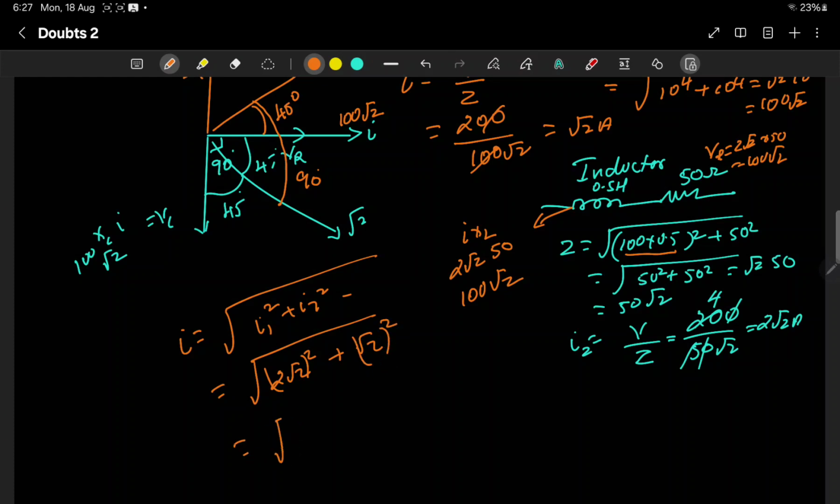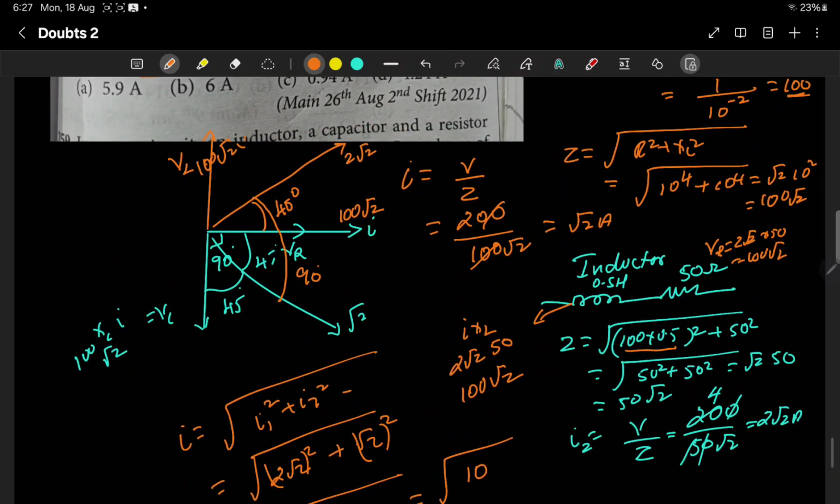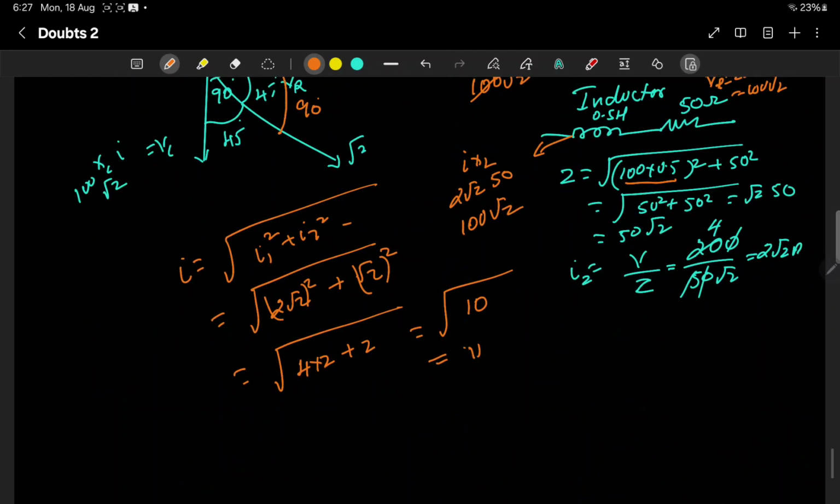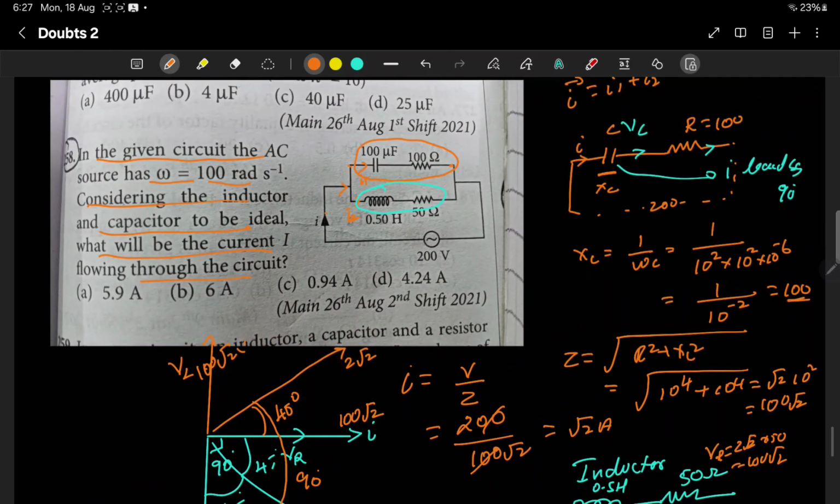This is actually the root of 4 into 2 plus 2, so we get root 10, which is nothing but pi, 3.14. So your answer should be 3.14 ampere.